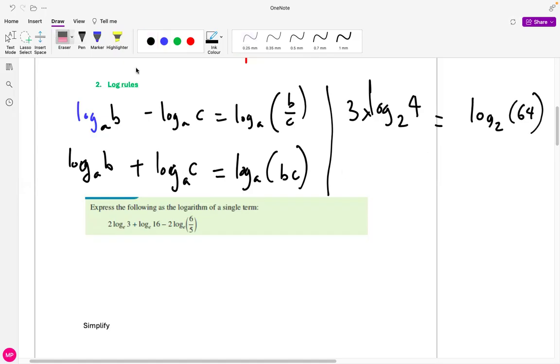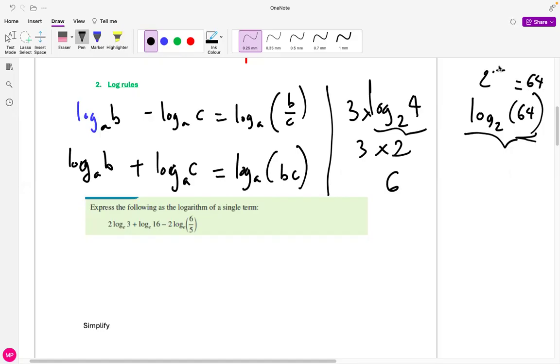Log 2 of 4 is 2, so 3 times 2 equals 6. On this side, log 2 of 64, 2 to the power of something equals 64, which means 2 to the power of 6. So log 2 of 64 gives you 6. They're actually the same answer.